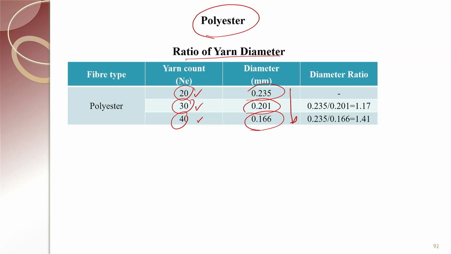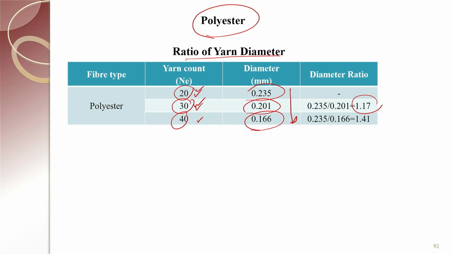And with reference to 20 NE, the diameter ratio was measured. So, the 30s yarn as compared to 20s yarn has a diameter ratio lower by 1.17 times.